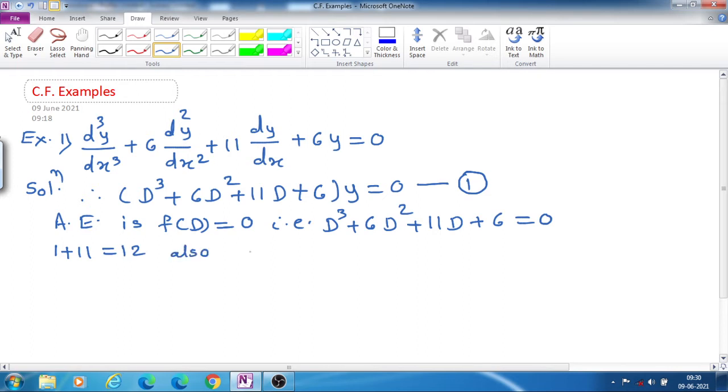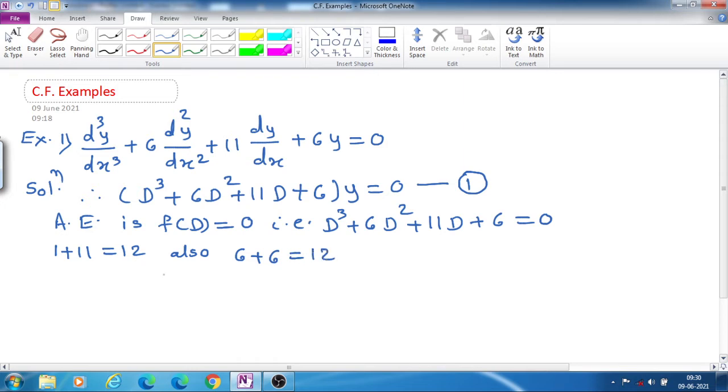Also even degree terms, sum of the coefficients is, first term is 6d square, so coefficient is 6 plus next coefficient of even degree term, that is constant term, is 6 and sum is 12.